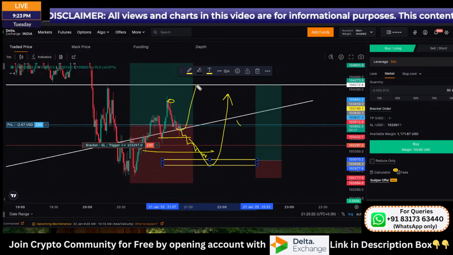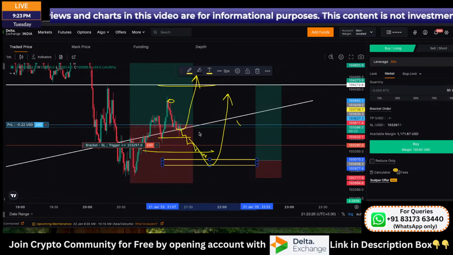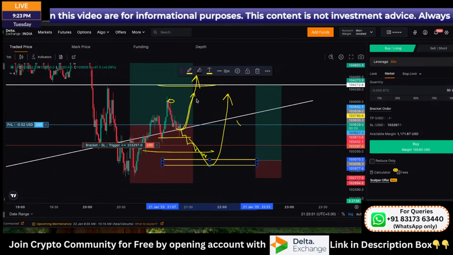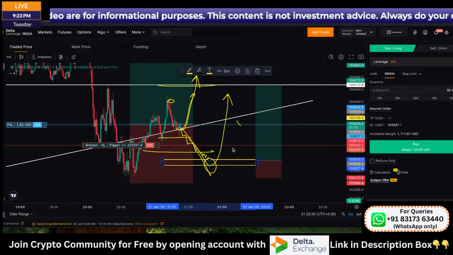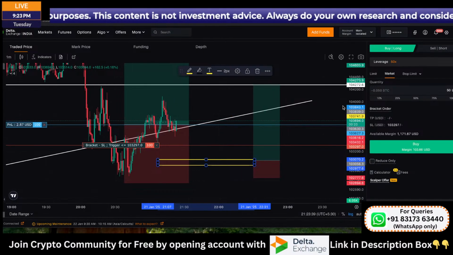From here only, if it recovers, it will be good for me, but I should go by what market is saying. Market is saying from here also 50% chance. If I come down from here, I have 70% chance. So based on that, next setup also we will be looking at.